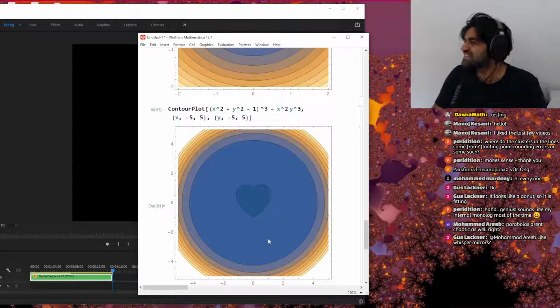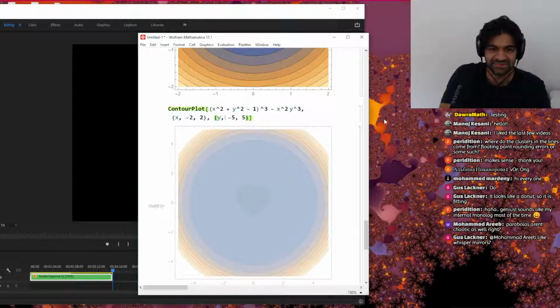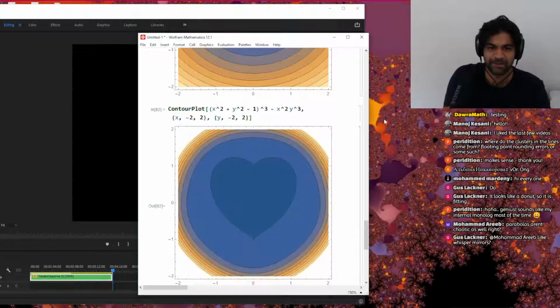But as you can see, this is an implicit equation for a heart. So it would be very nice if we could use this methodology on this heart, but the problem is this equation is actually not that well behaved. So just go -2 to 2, -2 to 2.